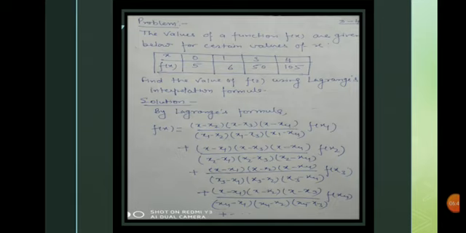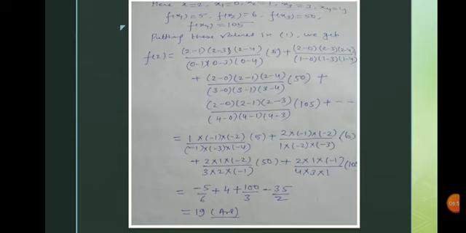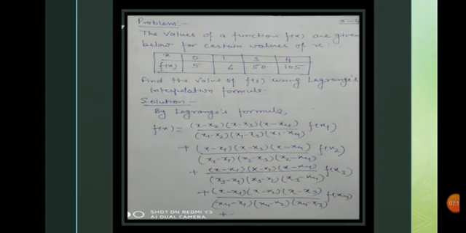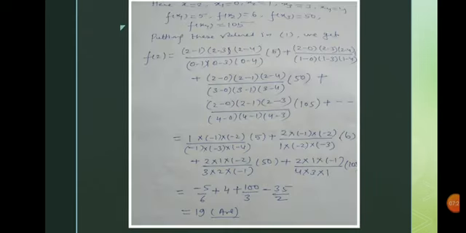So we say x equal to 2, x1 equal to 0, x2 is equal to 1, x3 is equal to 3, x4 is equal to 4, and the corresponding values are f(x1) equal to 5, f(x2) equal to 6, f(x3) equal to 50, and f(x4) equal to 105.